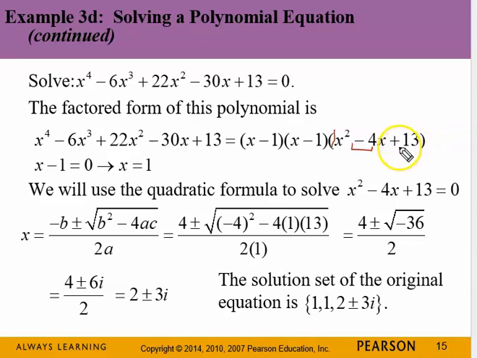And our c value is 13. Putting that into the quadratic formula, notice what we have under the radical sign. We have the square root of -36. Well, this is going to be an imaginary number, and that simplifies to plus or minus 6i.